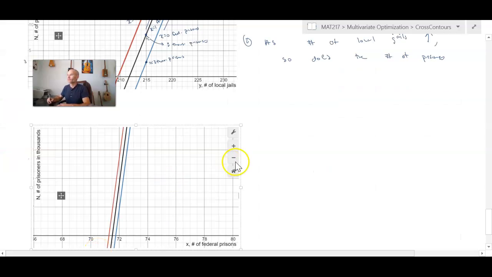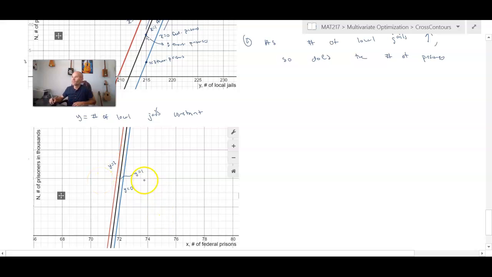So here we have that graph, and now once again what we're looking at is still the number of prisoners, but we're looking at it versus the number of federal prisons while holding y equals the number of local jails constant. So all this exhibits is the relationship between prisoners and the number of federal prisons. So this is for y equals 0. If we have 0 local jails, we can look at, okay, as you increase the number of federal prisons, how many prisoners will you have? This is y equals 1, and this is y equals 2.